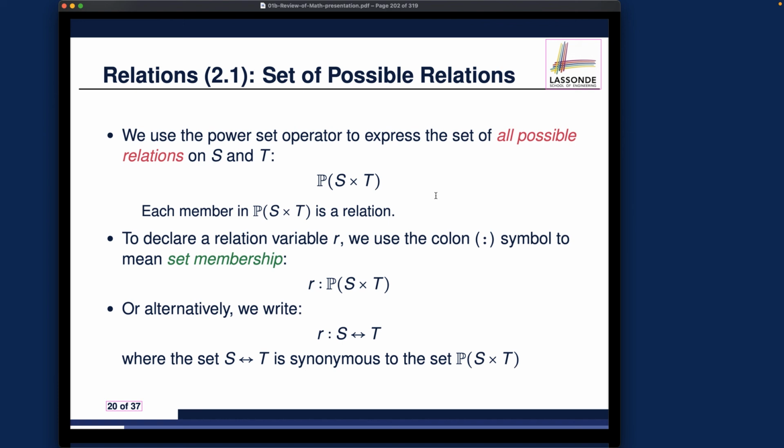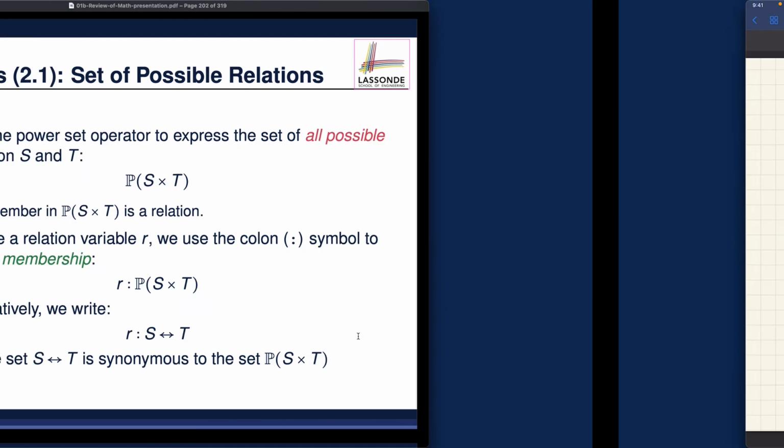Over here. Okay. So you want to know about quite a few things over here in these slides. First of all, understand exactly what this means. Understand what it means when we say R is a member of this particular power set, and also understand that this is the new notation for specifying the set of relations between S and T over here, right? Okay.